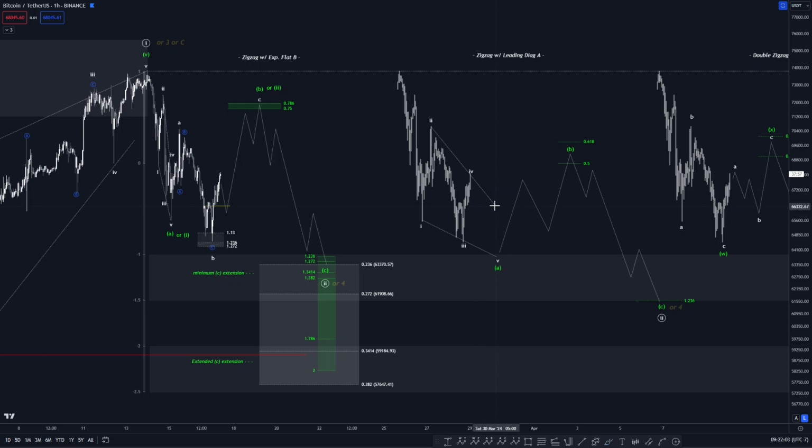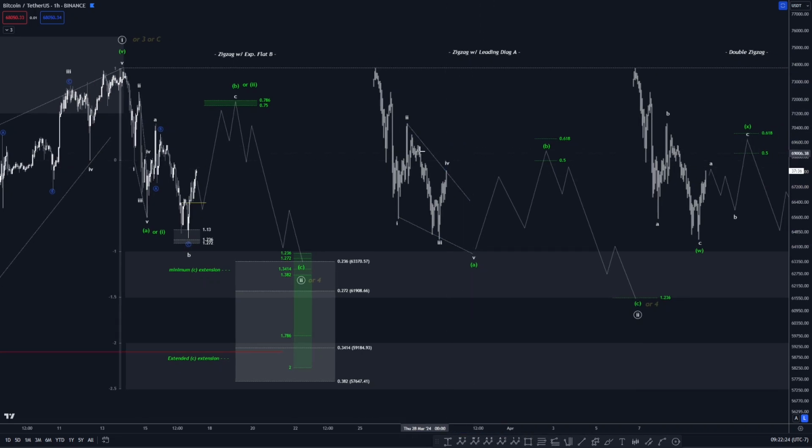It just depends on how high we retrace. Once we get by this area right here, where it's no longer a contracting nature, but more like a parallel diagonal, or even if it starts to move up like that, it's ultimately invalidated. So this one's more of just a geometry kind of structure at this point.